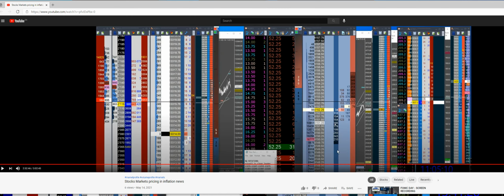I'm just demonstrating how, at the 51.25s, you always want to look at the one tick above my 51.25s, at the 51.50, and what kind of pulling and stacking occurs there. If the market is trading within a certain range, a certain number of ticks, the question you always want to ask yourself is: when it gets to my entry and bounces off, what kind of bounce do we get?